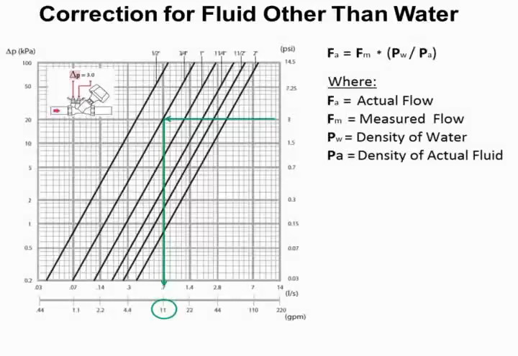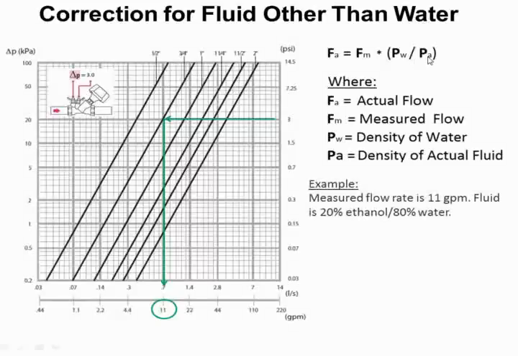Now, the prior equations hold true when we're talking about water. If we're talking about a medium in our hydronic system other than water, we have to add a factor if the medium has a density significantly greater than water, and basically adjust it by the ratio of the two densities, water and the fluid that we're measuring. As an example, let's say we have an antifreeze solution of 20% ethanol and 80% water, perhaps a geothermal system.